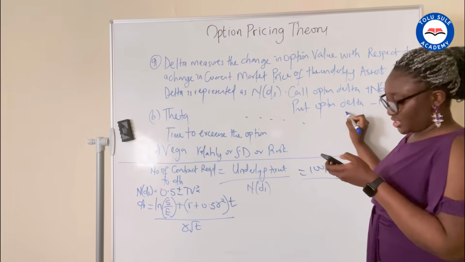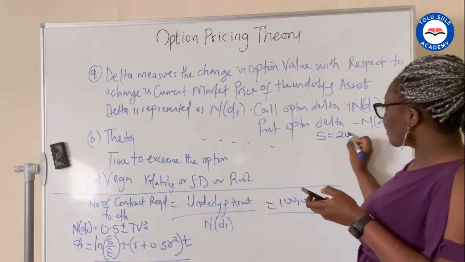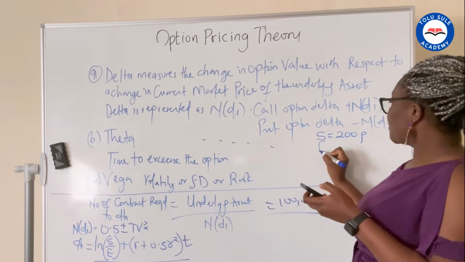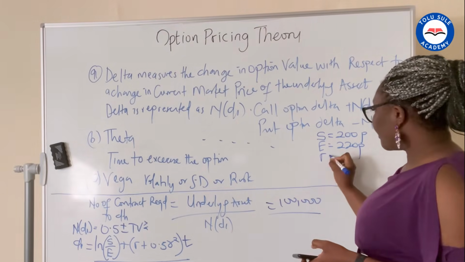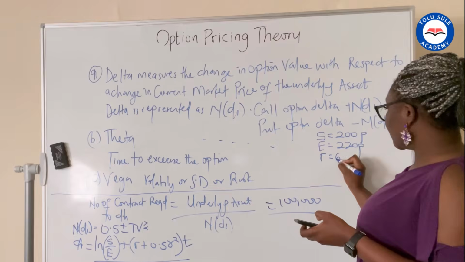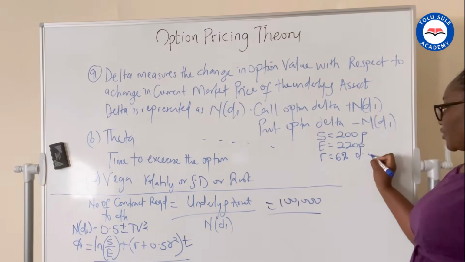Okay, in the question, we gave you the current price, which is S, as 200p. They gave you E as 220p. What else do we have here? R, 6%. Is it 6%? Yes, 6%. That's 0.06.